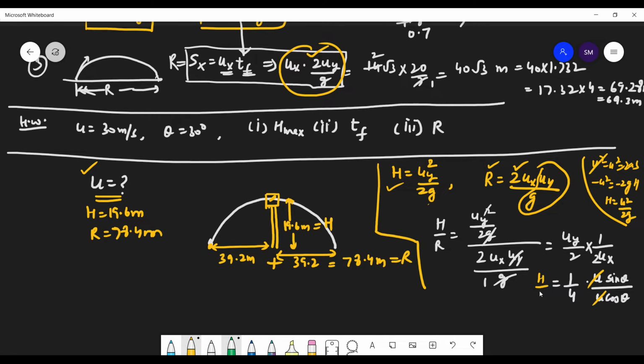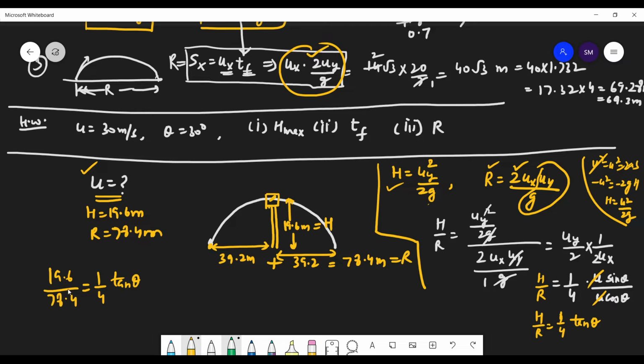So we are finding H by R. So H by R is equals to 1 by 4 tan theta. Sin theta upon cos theta is tan theta. So now we can find the value of theta here. So H is 19.6 and this is 78.4, is equals to 1 by 4 tan theta.